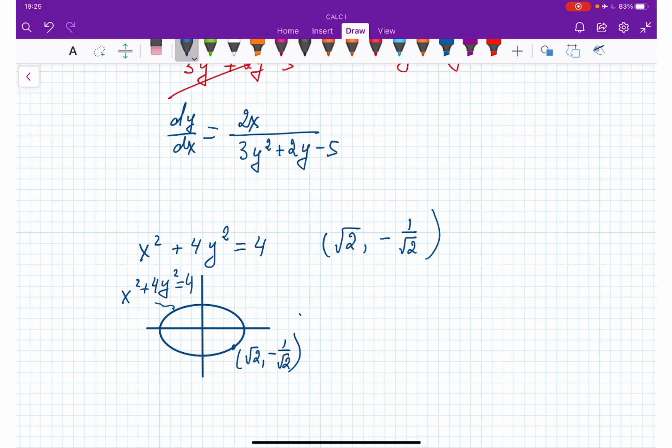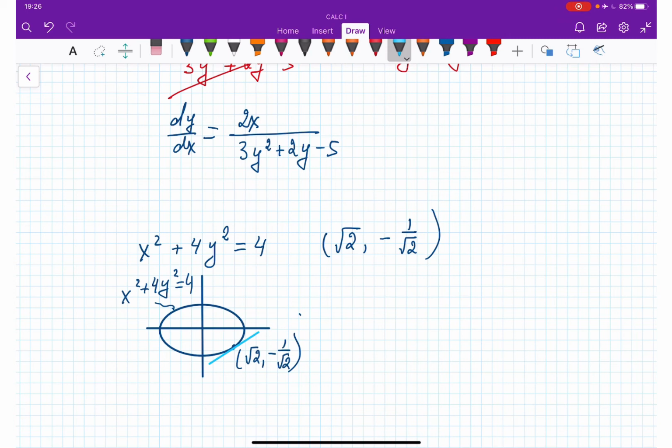All right, so we need to find the slope of the tangent line to this graph at this point, square root 2 and negative 1 over square root 2.